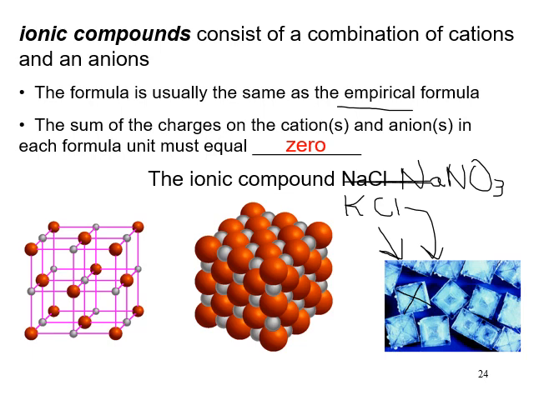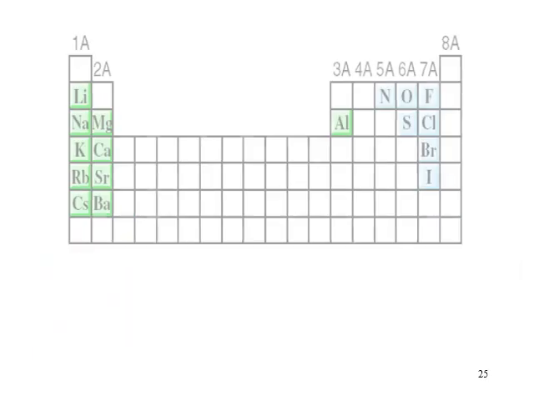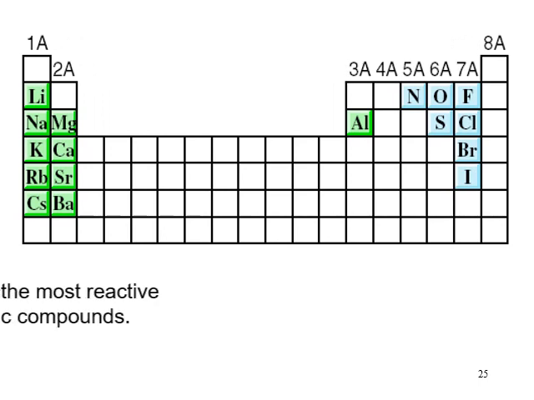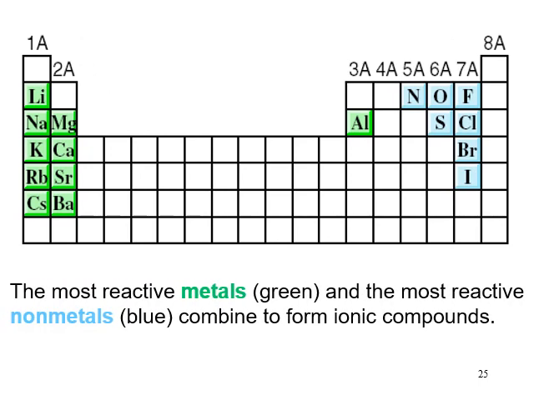So anyway, ionic compounds have what are called formula units. You see NaCl, Na being the gray, and Cl being that reddish color. As far as ionic compounds, we have metals and nonmetals, and this picture out of your book shows the most reactive metals and the most reactive nonmetals. So you would see compounds forming between these, like lithium and oxygen.